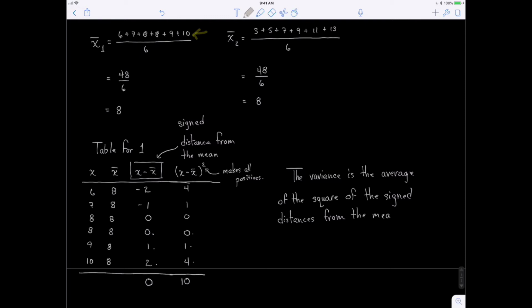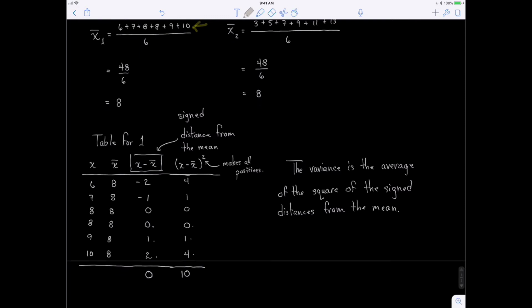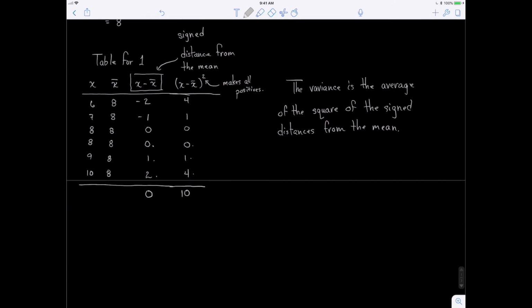Well, if it's an average, then what we would do is divide by the number of data, and that's exactly what we do. So we're going to say our variance is going to equal the 10 divided by the number of data. So this is the same as 5/3, or you could write this as the decimal 1.6 repeating.